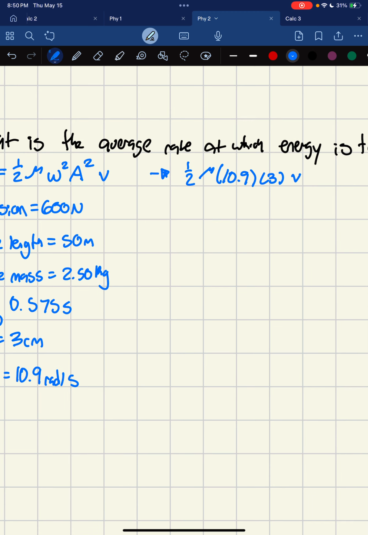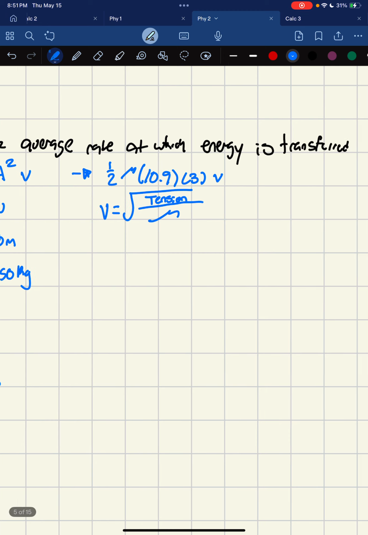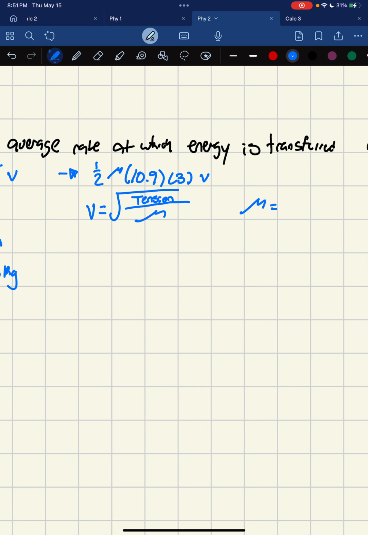So I need to find my wave speed, and I know how to find wave speed because that is the square root of the tension force divided by the linear density. To find linear density, I know that's going to be the mass divided by the length.